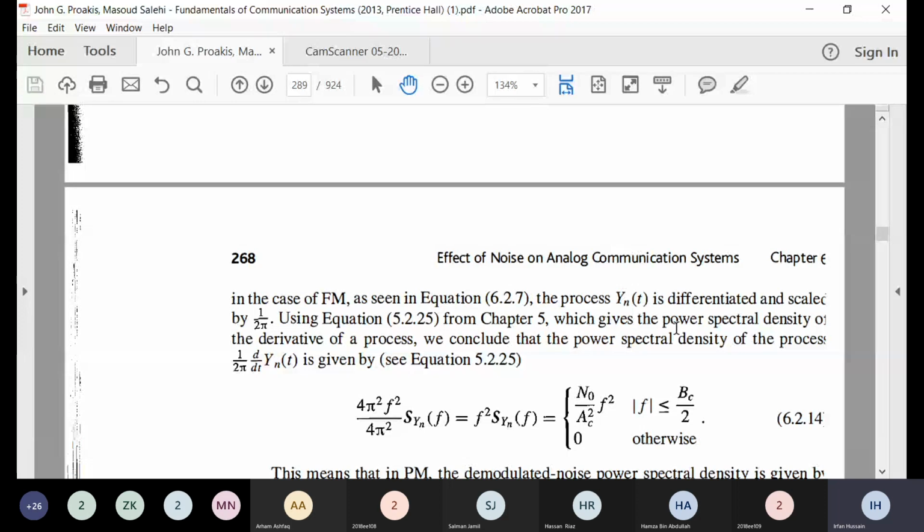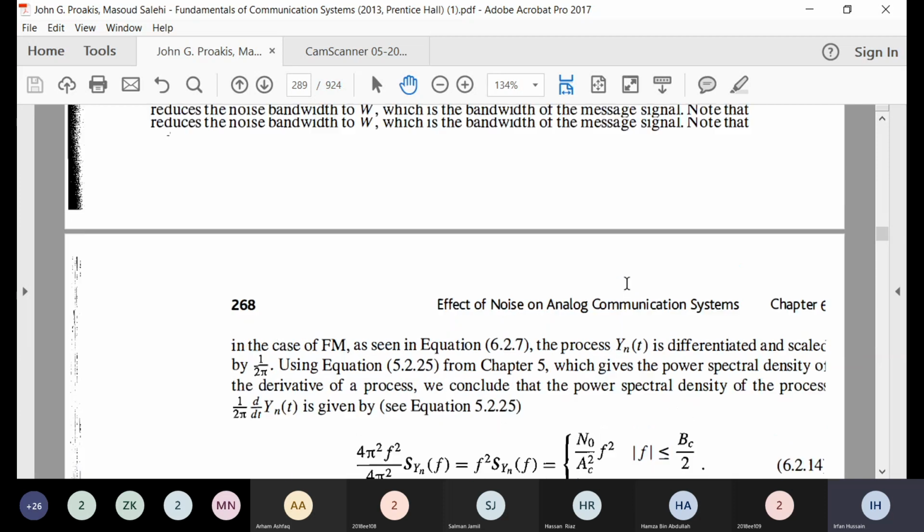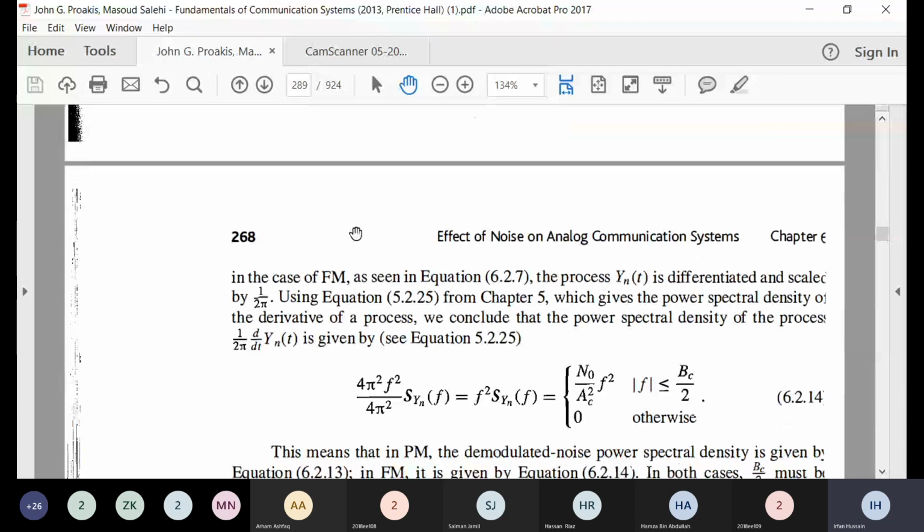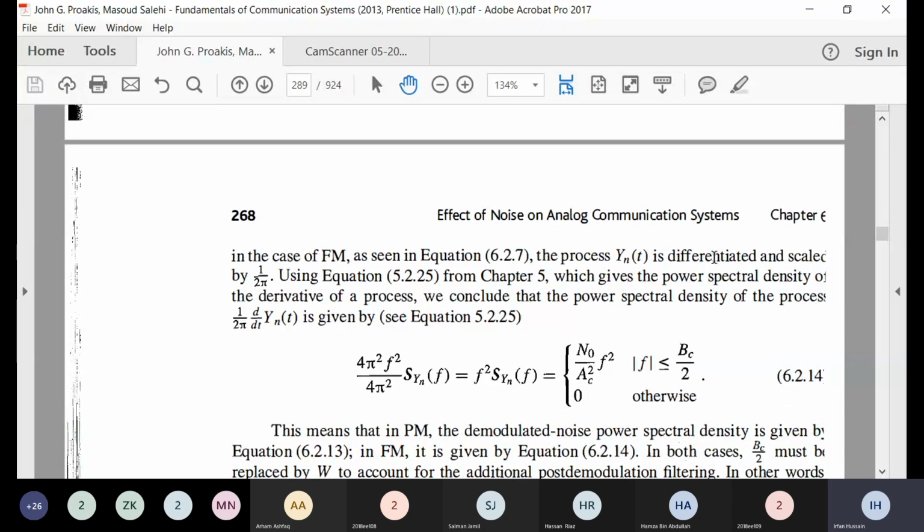We have seen the output is actually HF mod square, whatever the filter, mod square times the power spectral density of the input process. So the input process power spectral density is SYN, which we have just found here. But HF of the differentiator, we know, is j2 pi f.